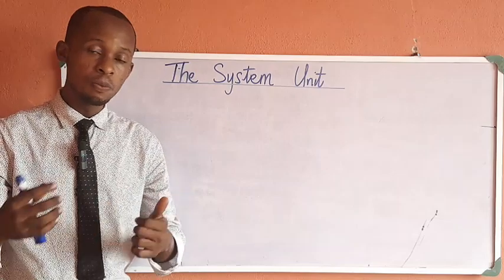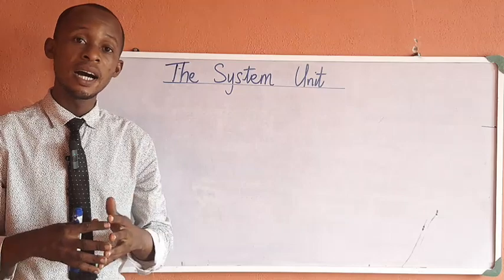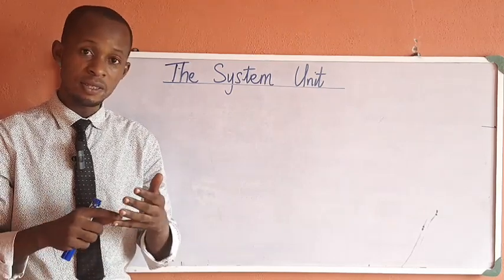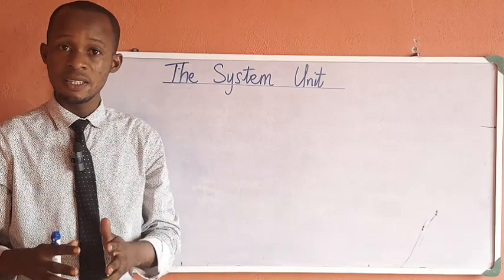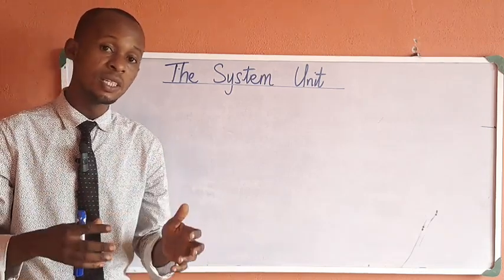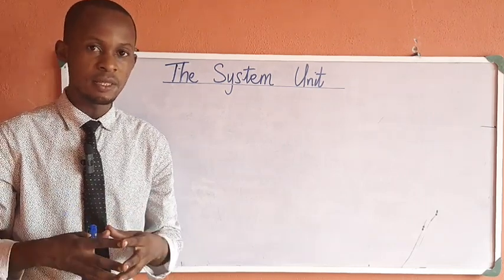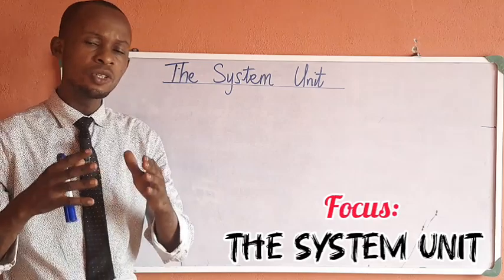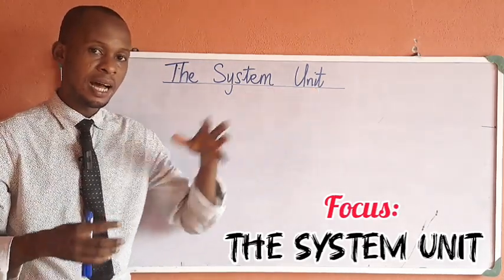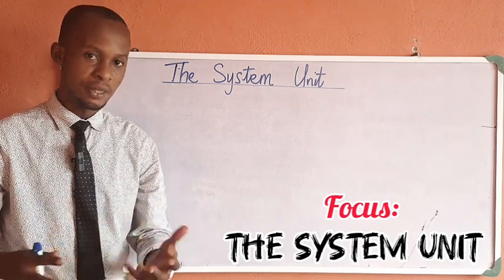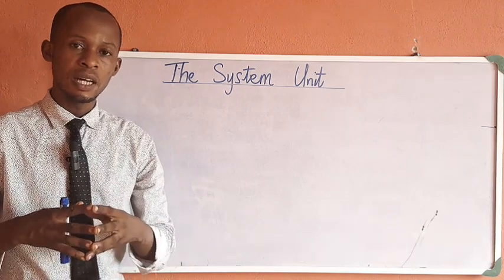We then grouped the hardware into two: the system unit and the peripherals, that is, other devices that are attached to the system unit to make up the hardware component of the computer system. So today, I am going to focus basically on the system unit as part of the computer hardware.